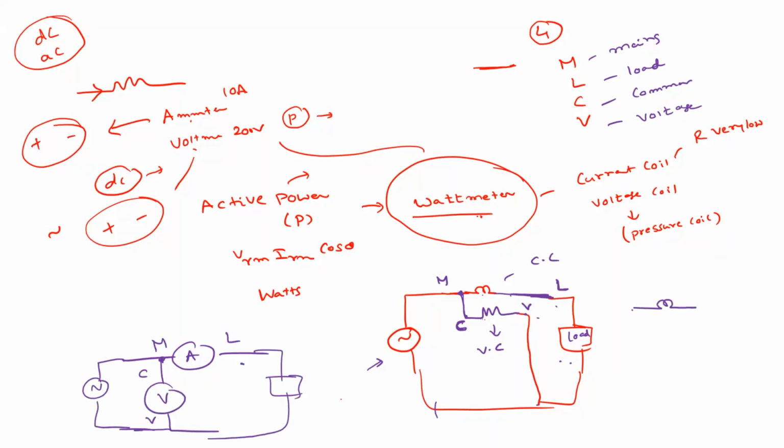So how exactly is the wattmeter represented? This is the current coil and this is the voltage coil. The current coil is represented with some inductance, some winding, and the voltage coil is represented with resistance. Why? Resistance is dominant here, whereas here the winding resistance is very small.